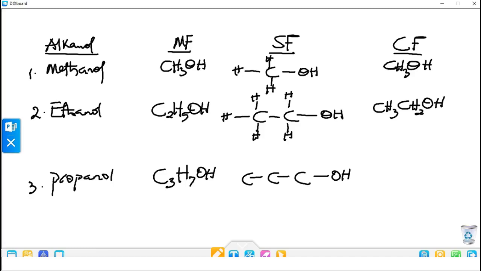They are saturated hydrocarbons. Since they are saturated hydrocarbons, we have the last C on the right hand side already attached to OH, and is also attached to the middle carbon atom. So it means it has 2 bonds already, and it will need 2 more hydrogen atoms. And that is what we have there.